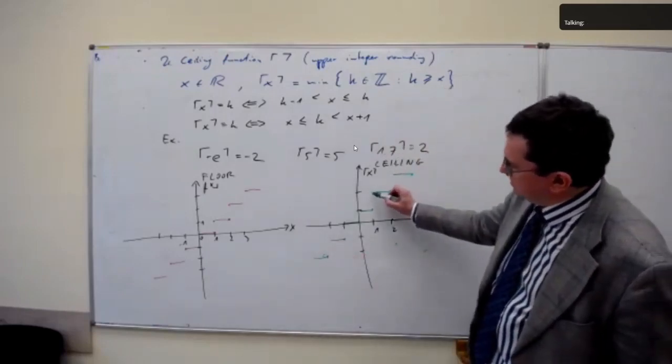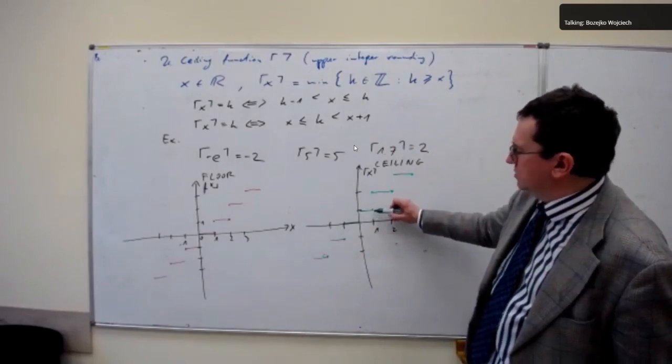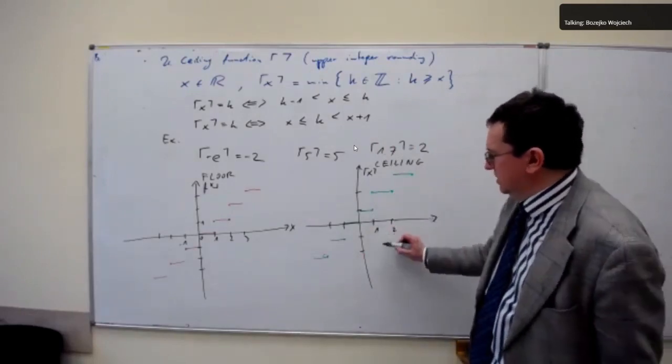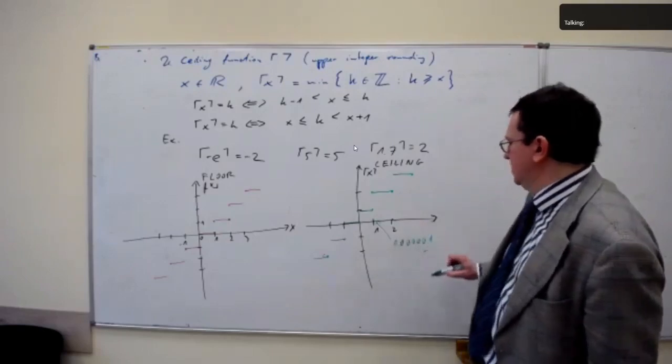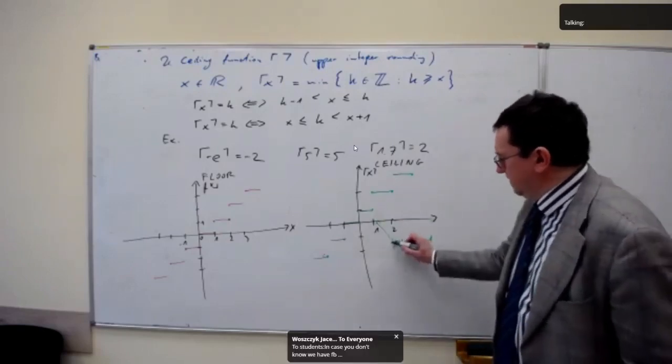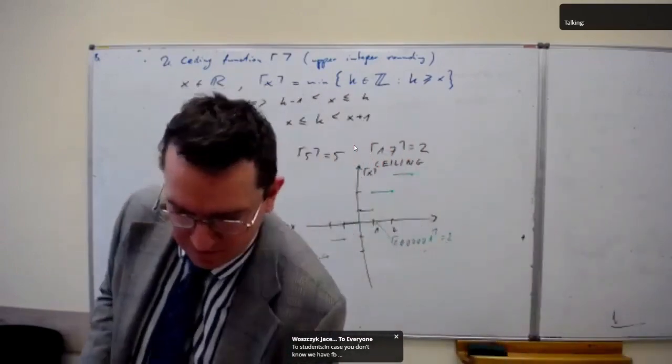Such cases mean that here the value at the point 1 is 1, but at 1 point something, something, this is 2.